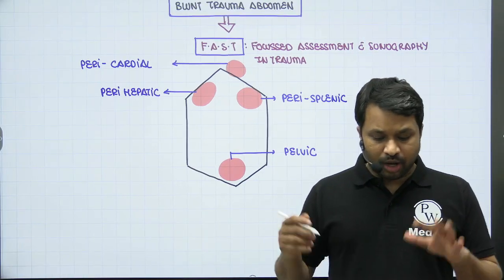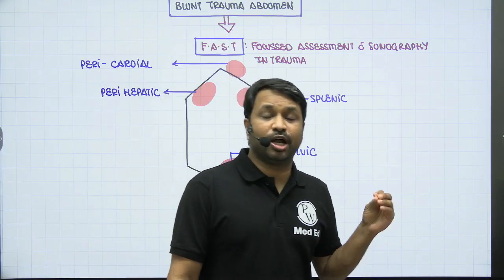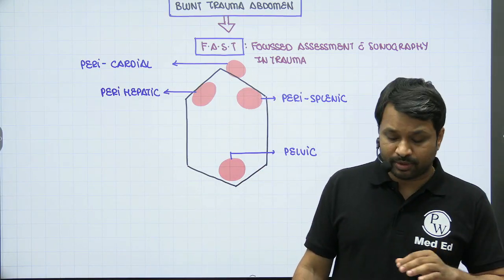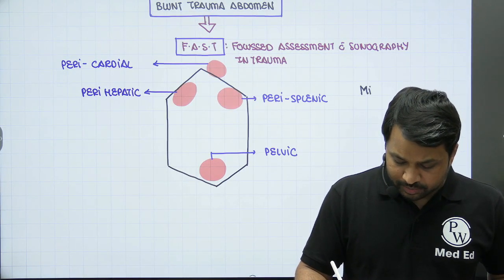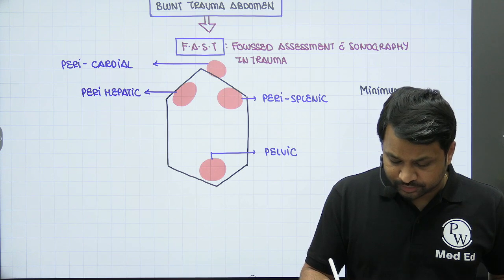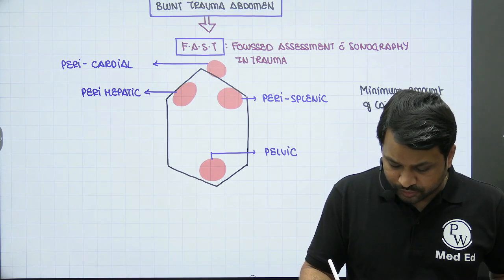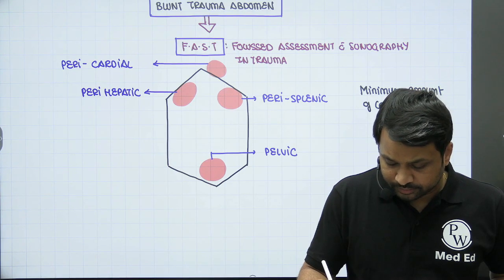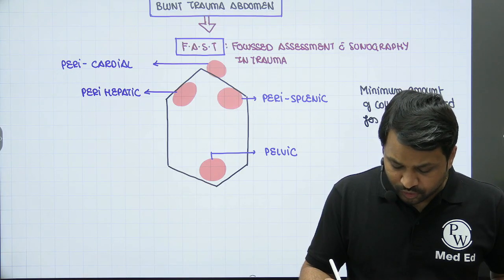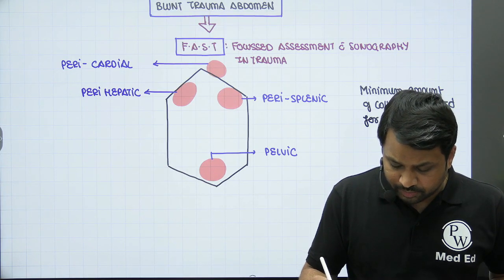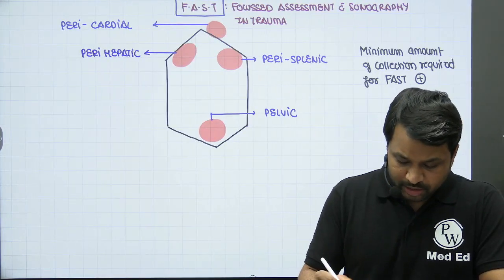The problem with the focused assessment with sonography in trauma is that if the collection is less than 100 cc, it is very difficult for us to pick up on ultrasound. So that is why we ask how much should be the minimum amount of collection required for FAST to be positive.